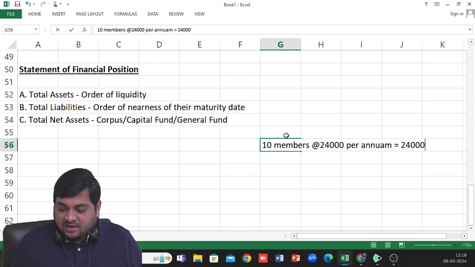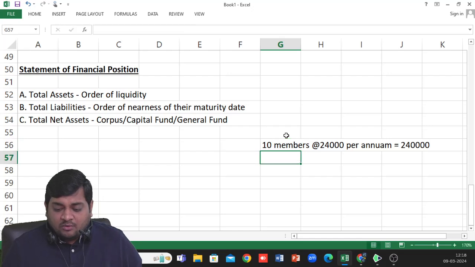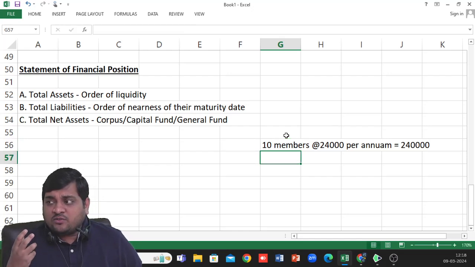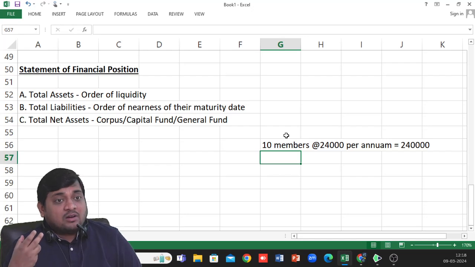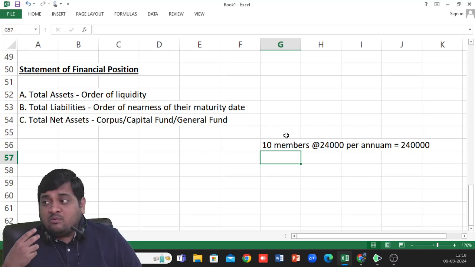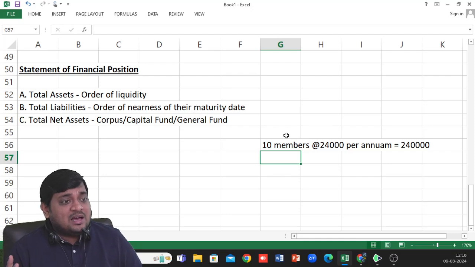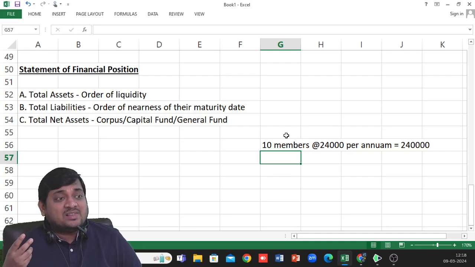So we have collected 2,40,000. Now with this small amount of money, we will be able to help only a few individuals. Our vision is big. Then we might approach some Tata, Birlas, Ambanis, those who might give us some donations.